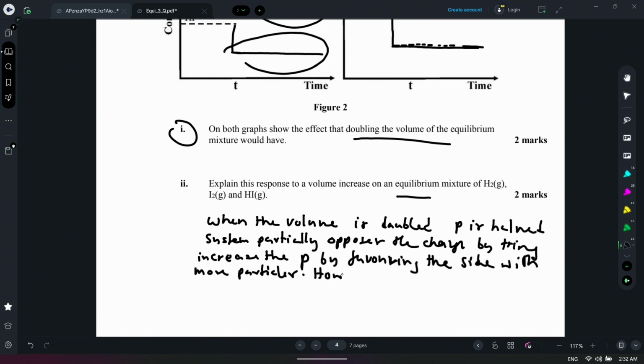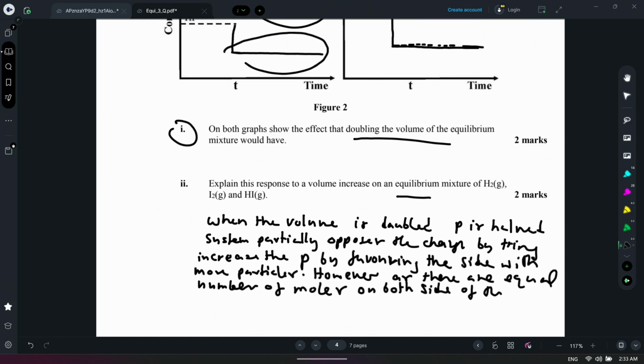However, as there are an equal number of moles on both sides of the equation of the equilibrium, the system cannot adjust.